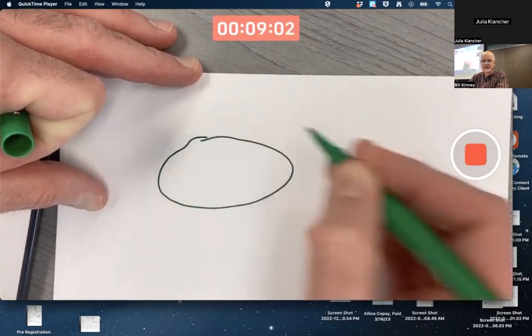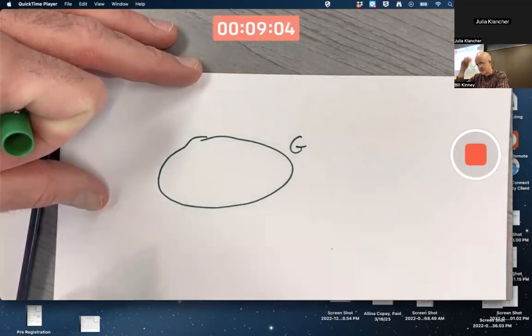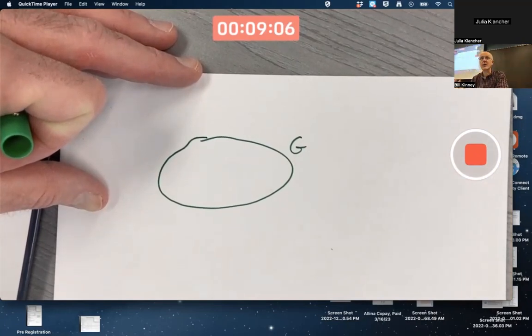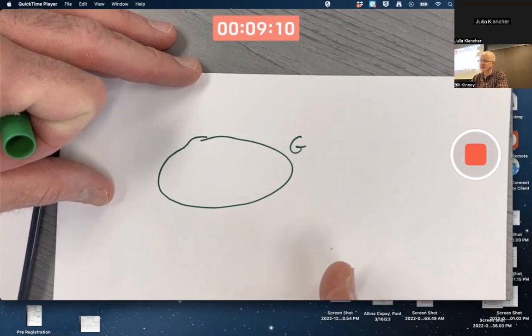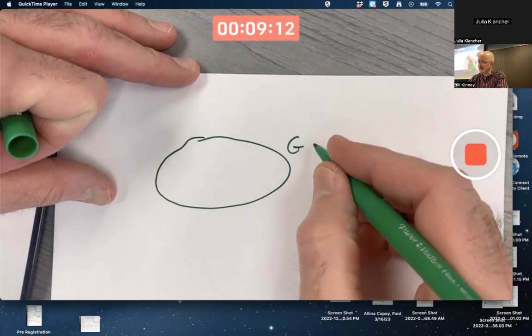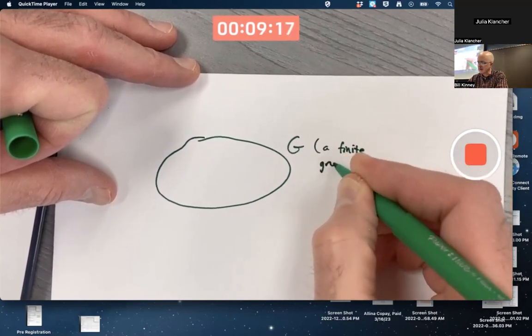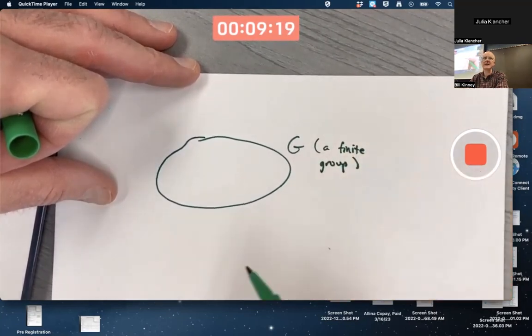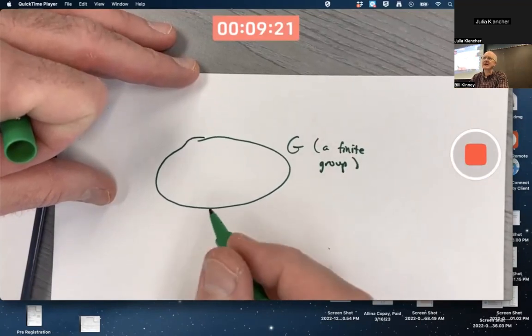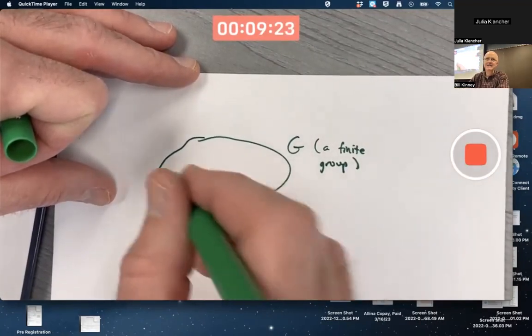So pretend this blob is a group G, okay? And remember, Lagrange's theorem is about finite groups. So let's go ahead and pretend this is a finite group. So I could maybe imagine the elements of G not necessarily being this blob, but dots within the blob.